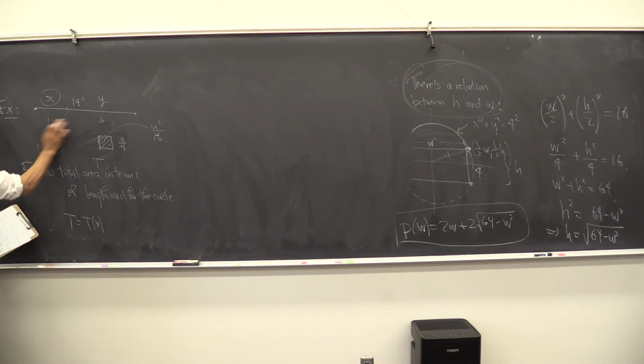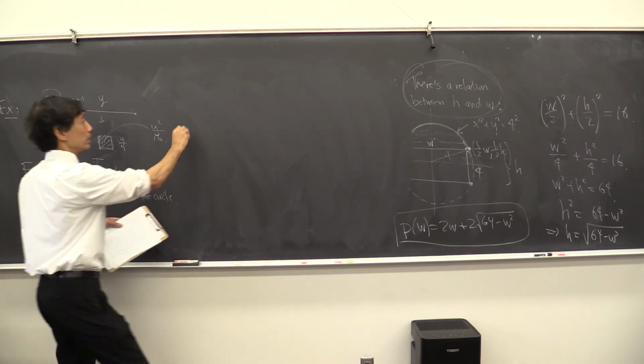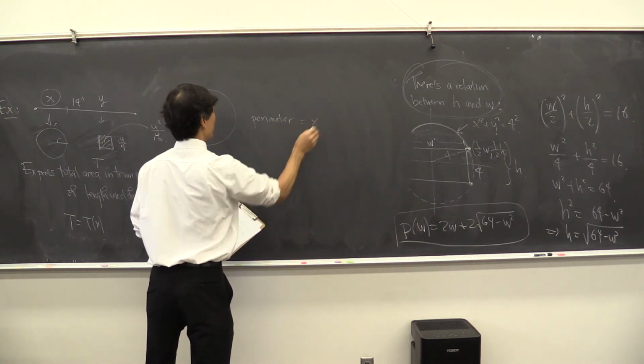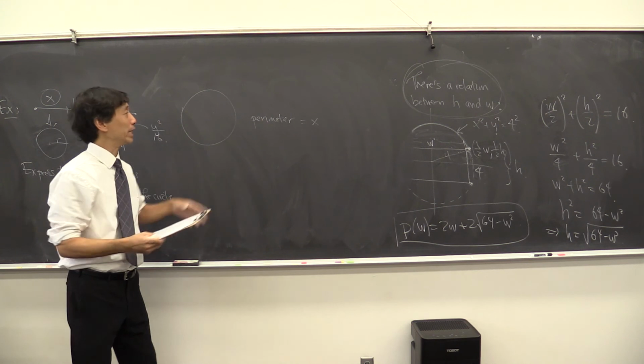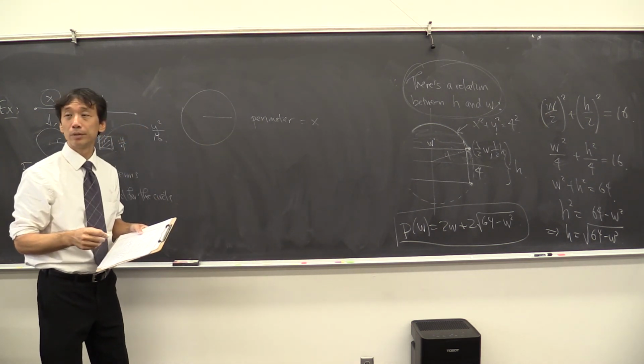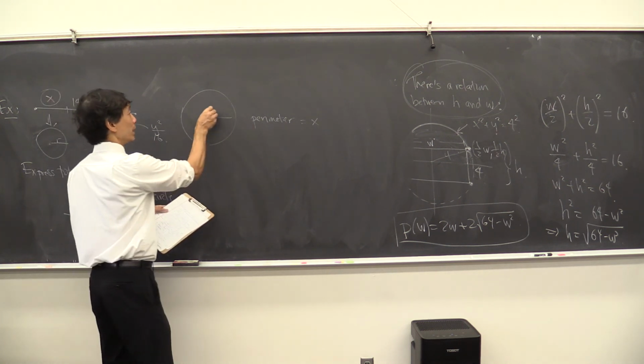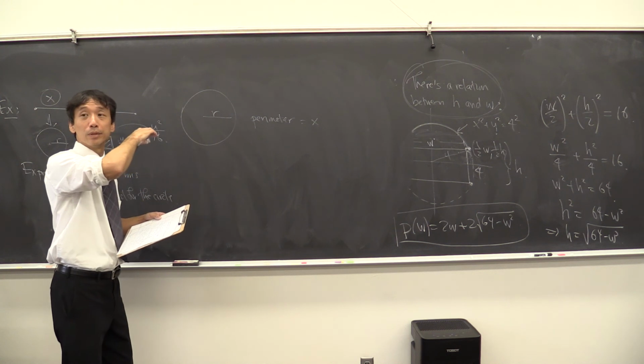Okay. Now, we've got this circle, and what's the area of the circle? Well, to do that, we need to figure out the radius, say. The perimeter equals x. What's the perimeter in terms of the radius? Anybody know? If you have a circle of radius r, what's the perimeter of the circle?